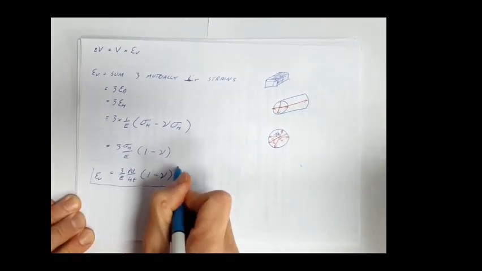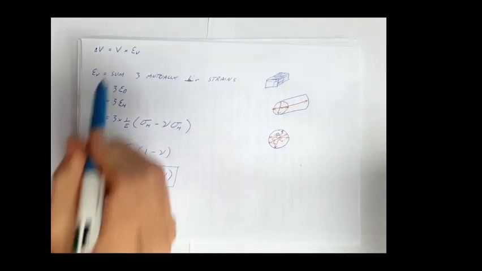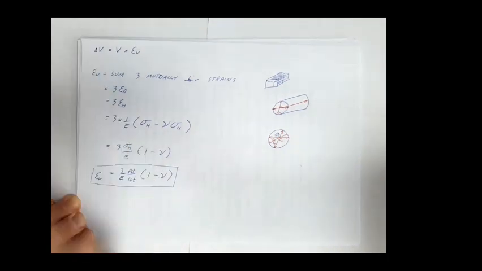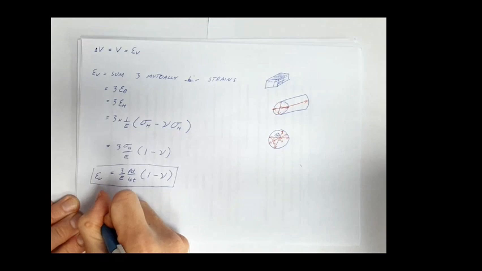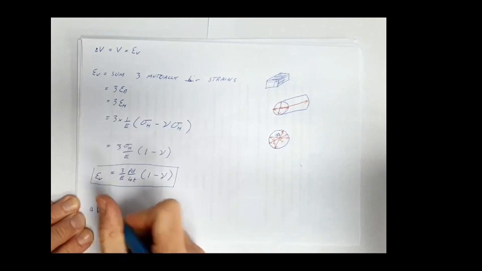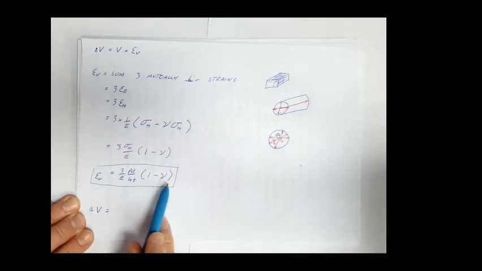So if we're interested in the change in volume, which we could be, particularly if we're selling our product by volume, our change in volume because we've pressurized this sphere would be our volumetric strain.